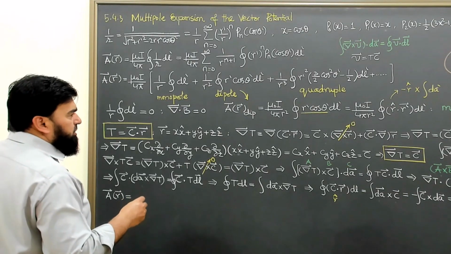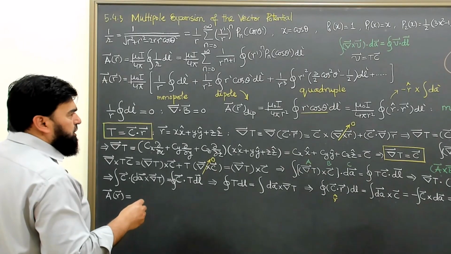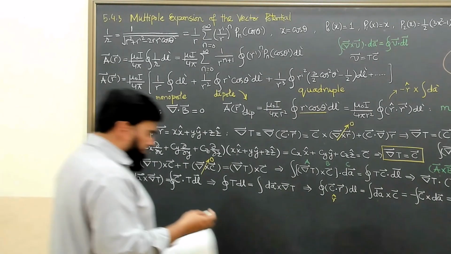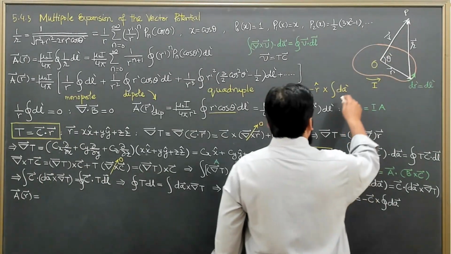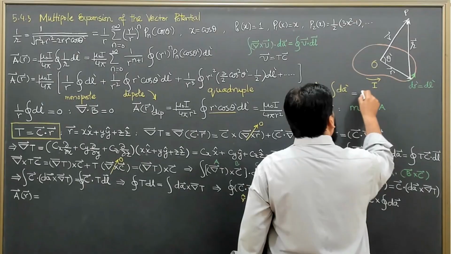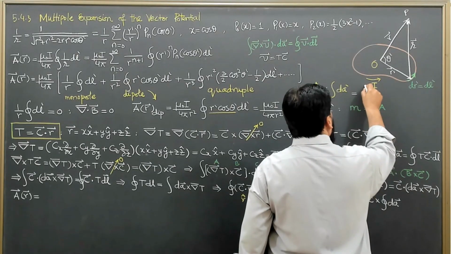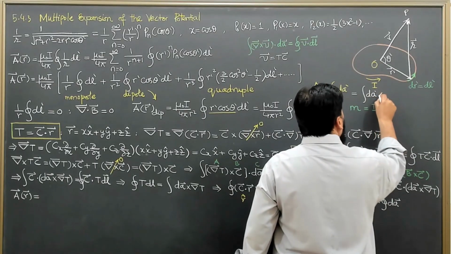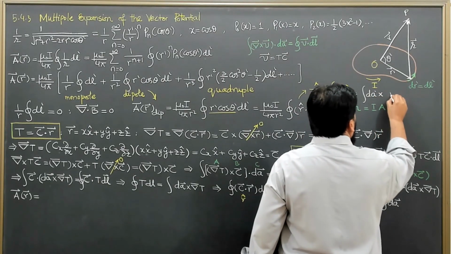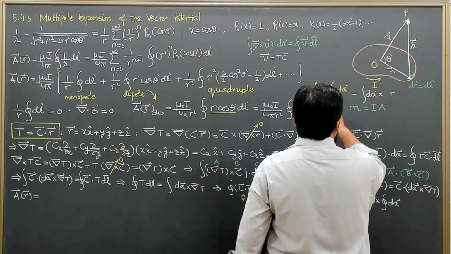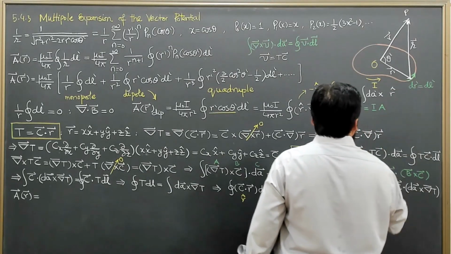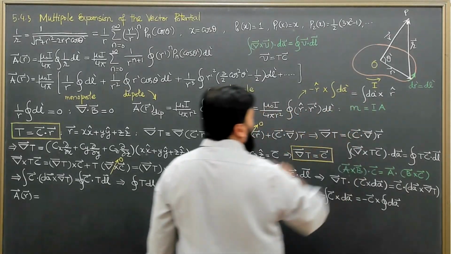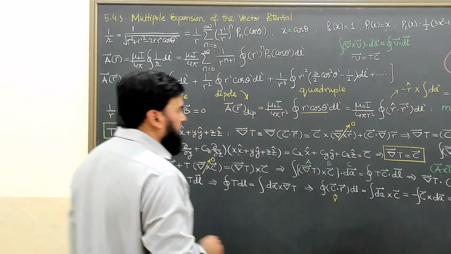If I write dA cross r, then it will become positive, like here. Then if I write dA prime cross r, with r out of the integral, so dA cross r, it will become positive because I have changed the order.